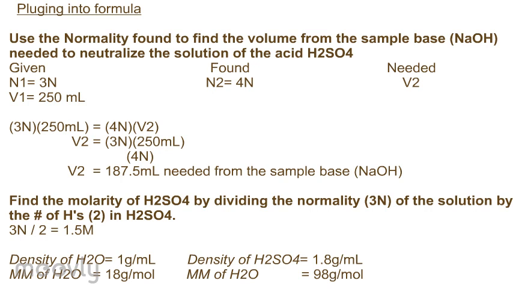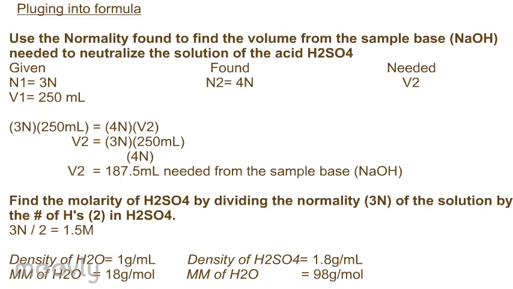So you multiply 3N times 250 milliliters and make it equal to 4N times V2. Now you have 3N times 250 milliliters divided by 4N, where the normalities will cancel out to give you the volume of 187.5 milliliters that is needed from the sample base NaOH.